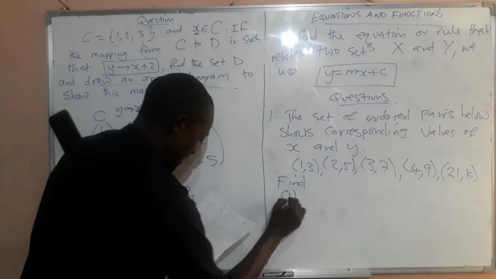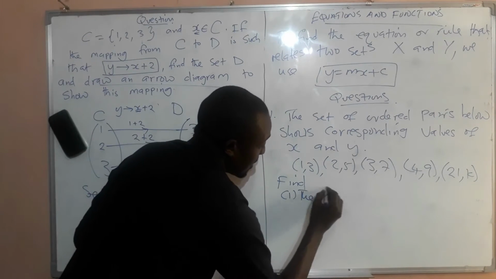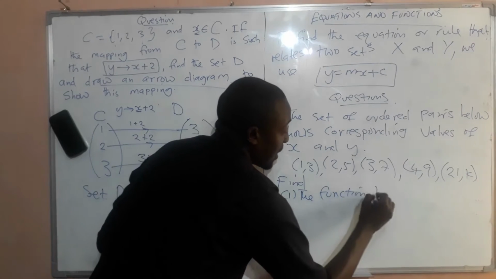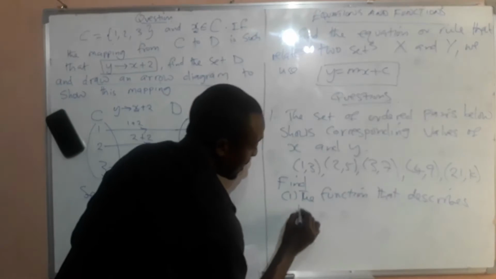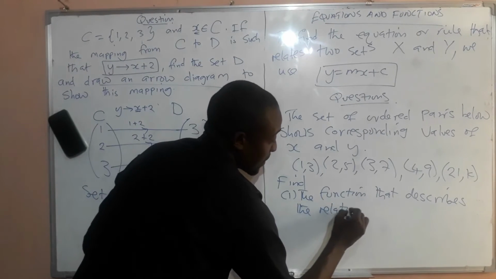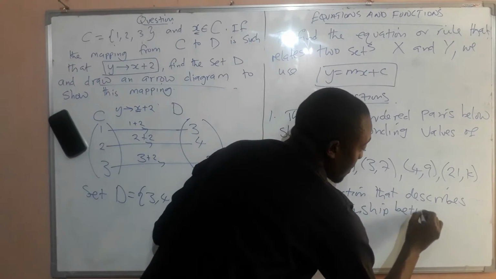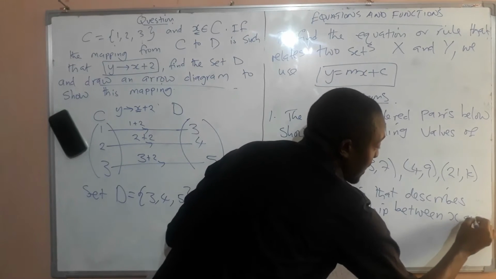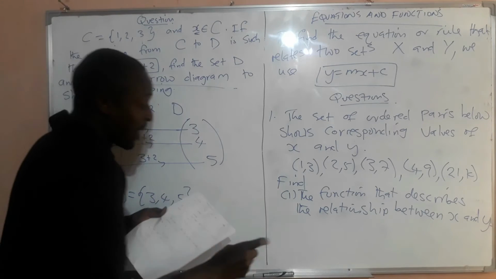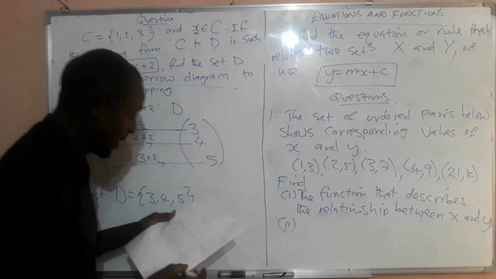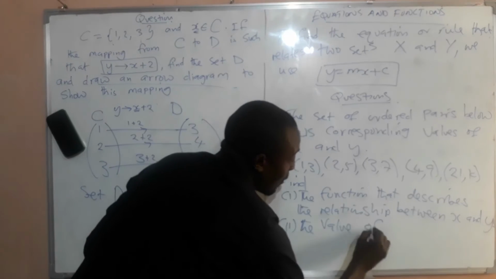Okay, so we are saying, the first one, find the function that describes the relationship between X and Y. And then the next question, number two, we are saying find the value of k.